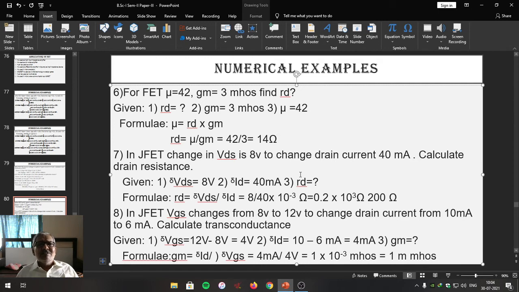Here some different aspect is there. The formula used is drain resistance is equal to delta VDS upon delta ID. Delta VDS is 8 volt. Delta ID is 40 milliampere, so 40 into 10 raised to minus 3, that is ampere.